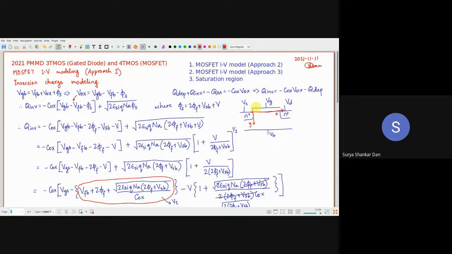Again, just to keep things in perspective, remember that Y is in the vertical direction, defining the vertical field, and X is along the channel, defining the lateral field. So the Q inversion is equal to this relation. I have just replaced phi s by this expression in both cases. This was similar to what we did in our previous lecture, nothing new.